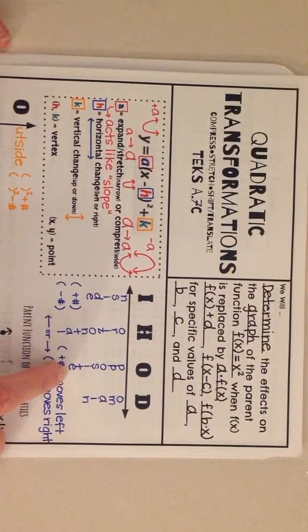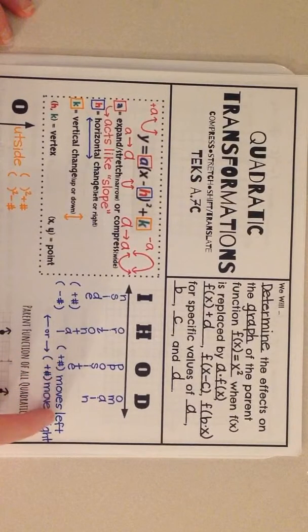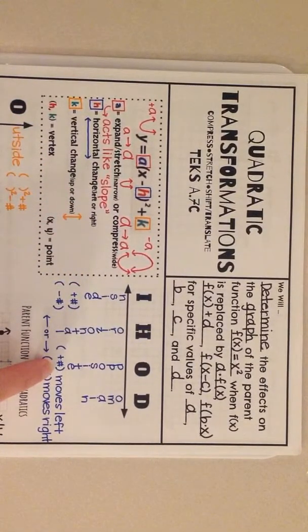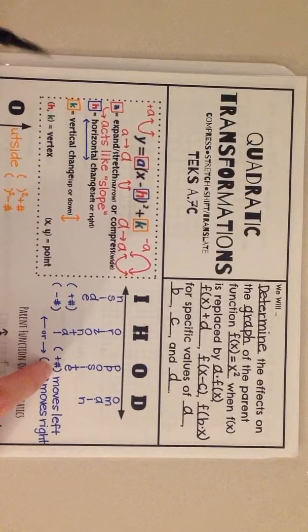O is to remind me that it's going to do the opposite of what I am trained to think. When I see plus a number, I think right. But it's really going to do the opposite and moves that parabola left. And then if I see minus a number, again, I think minus being left on a coordinate plane, but it's really going to cause it to move right. And then D stands for your domain.